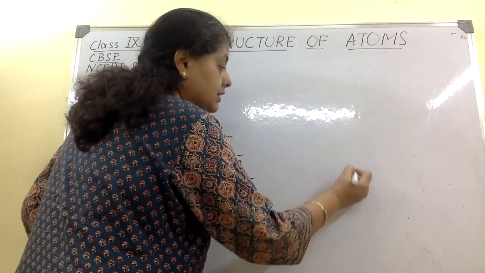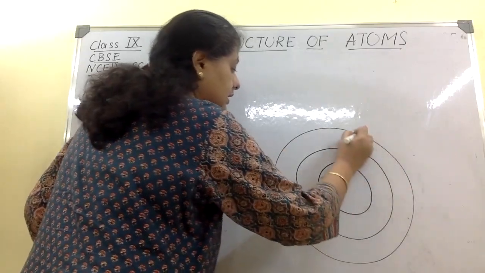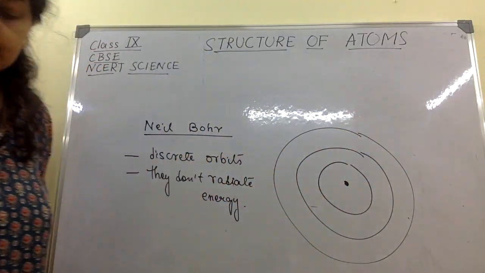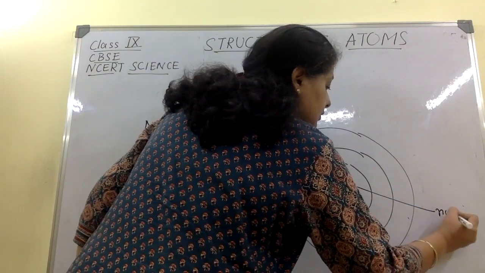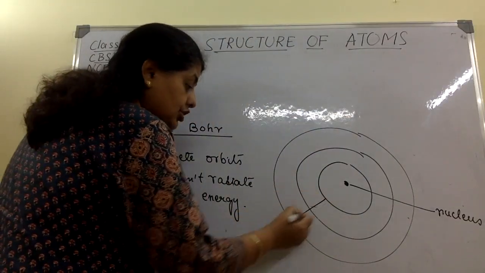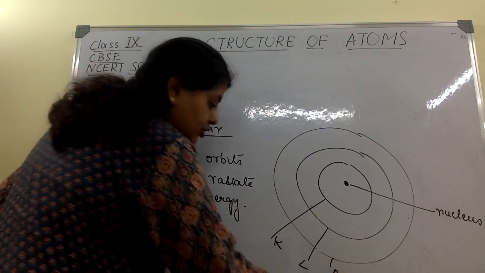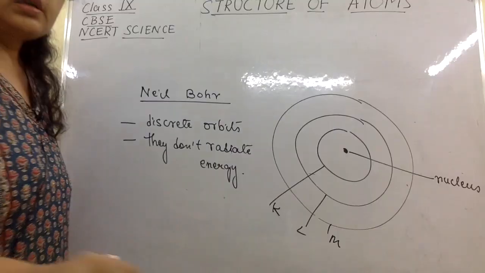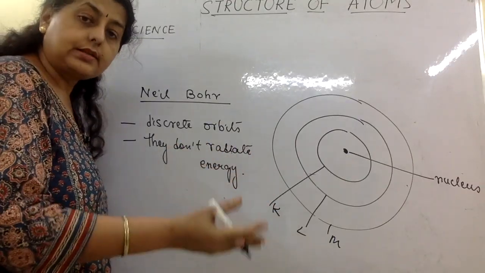So Niels Bohr told that the atom looks like this, where at the center we have the nucleus, and then this is the K shell innermost, then we have the L shell, then the M shell, and another shell will be called the N shell, like that.